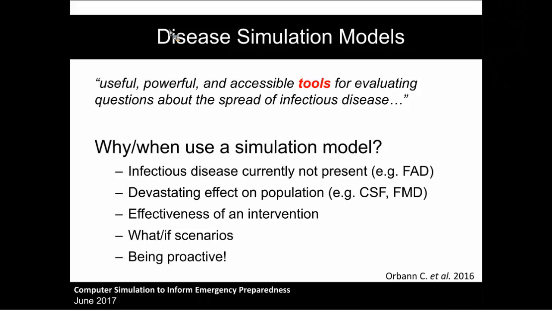So why do we use models to explain infectious diseases that are currently not present in a population? For example, in Ontario, FMD is not present.